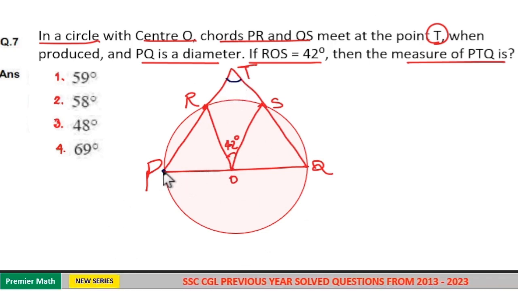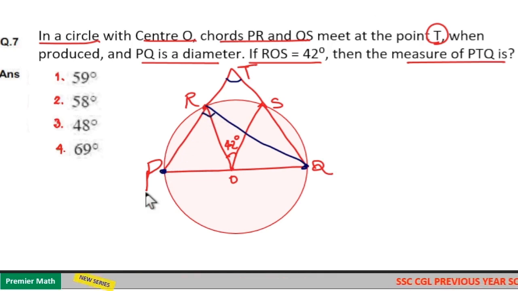Now this is diameter and diameter creates 90 degree with the circumference. That is 90 degree at any point on the circumference. So this is also 90 degree. And here this is arc RS. RS creates 42 degree at the center.